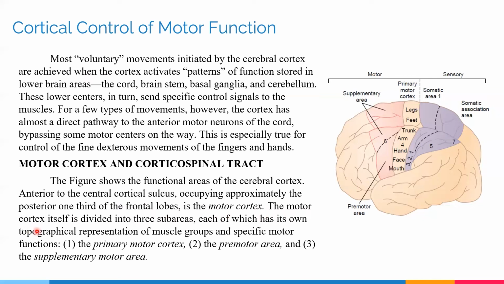The motor cortex itself is divided into three sub-areas, each of which has its own topographical representation of muscle groups and specific motor functions. These are the primary motor cortex, the premotor area, and the supplementary motor area. We will look into all of this in the next few slides.